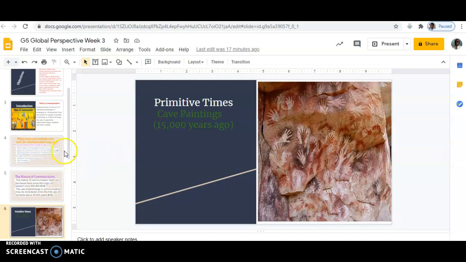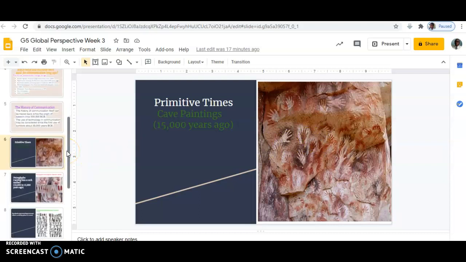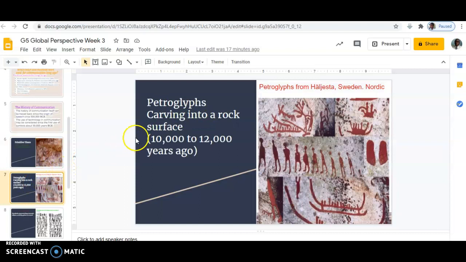Then the next improvement from cave paintings was petroglyphs. Petroglyphs are carvings into a rock surface. You get a rock surface, and then you do some carvings on it.